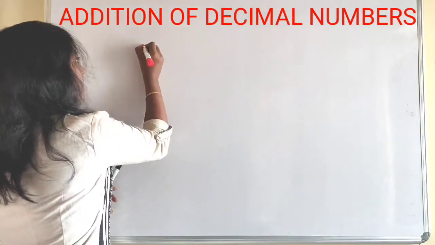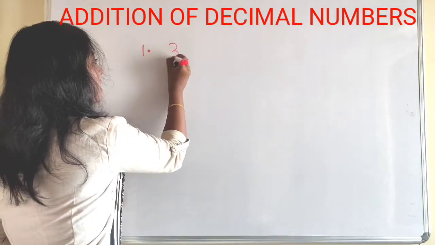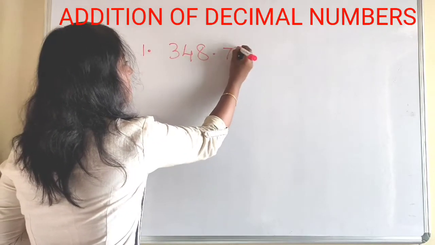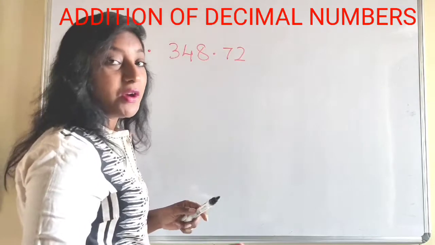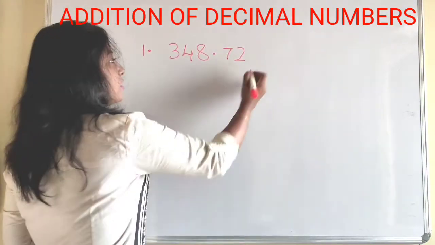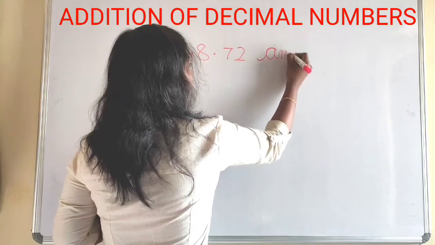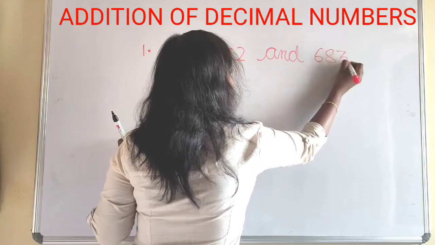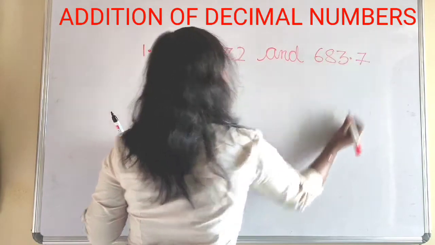So first I am taking 348.72 and we need one more decimal number in order to add this. So I am taking one more decimal number, 683.7.